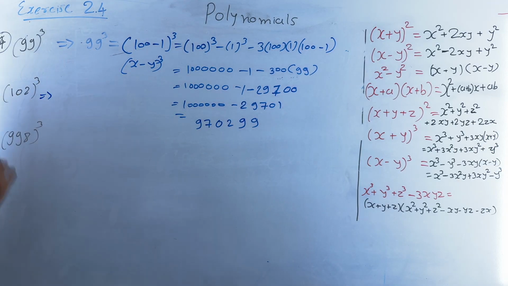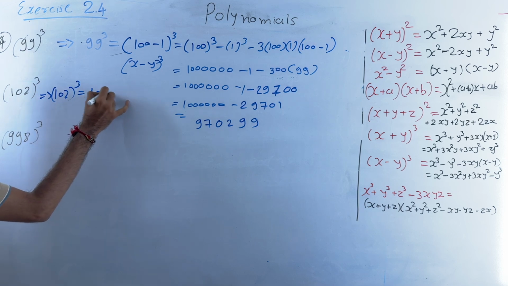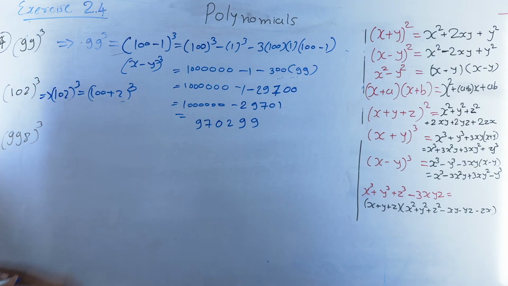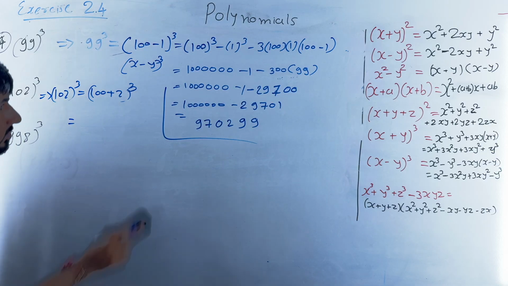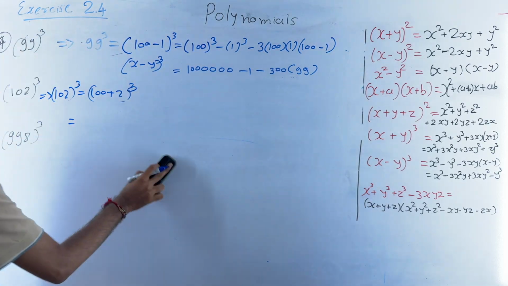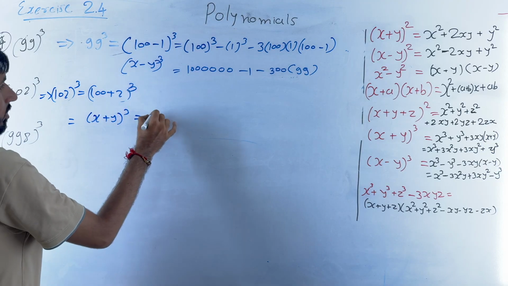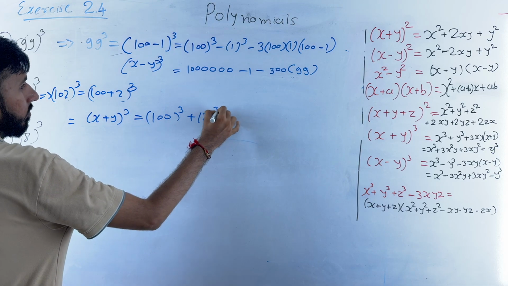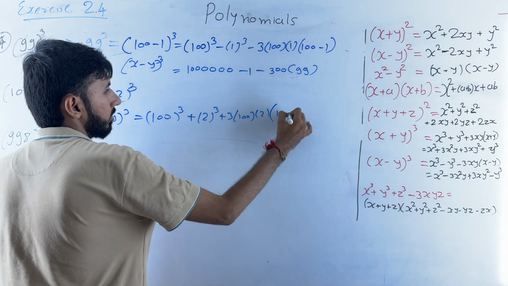Second one, 102 cube. So I can write 102 cube is equal to (100 plus 2) cube. Now mention that by using the identity (a plus b) whole cube, what will be your answer? By comparing it with (x plus y) cube, my answer will be 100 cube plus 2 cube plus 3 in bracket 100 in the bracket 2 in the bracket 100 plus 2.